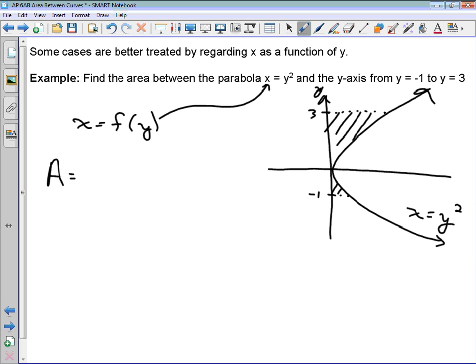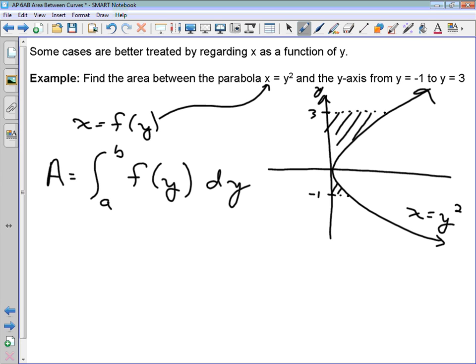So our area is going to be the integral from a to b of our function f at y, integrated over y. The process is exactly the same.